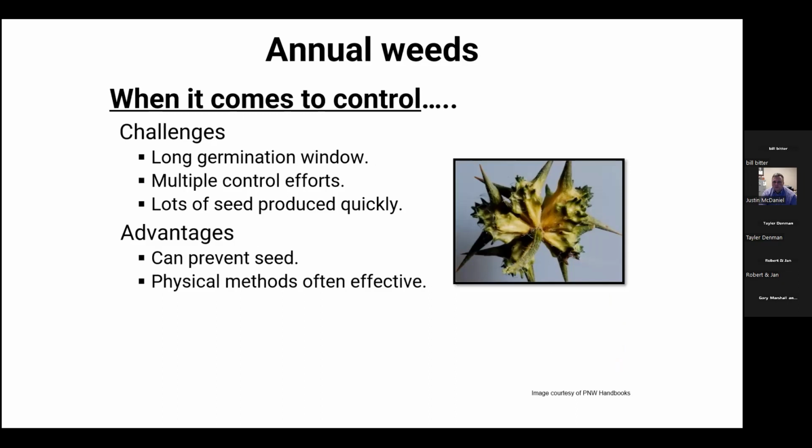So it's kind of hard with that long germination window, and it may take multiple control efforts. And annual weeds tend to produce a whole lot of seed really quickly as well. The advantage is if you prevent it from going to seed, you can decrease the number of seeds in that seed bank and help suppress that annual weed from year to year.